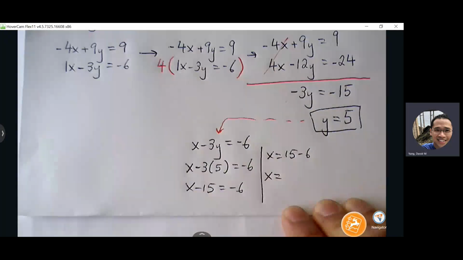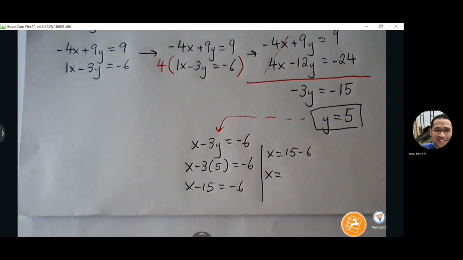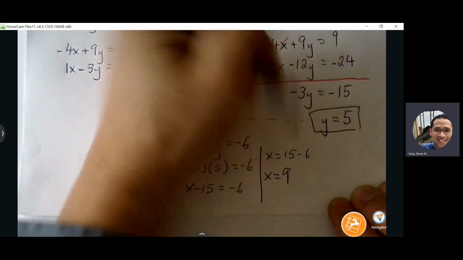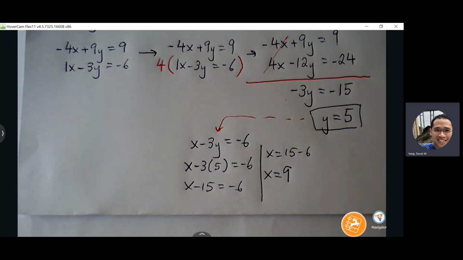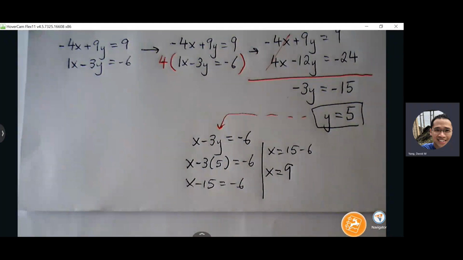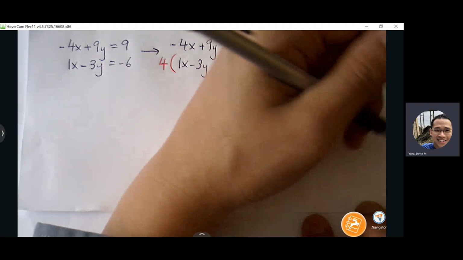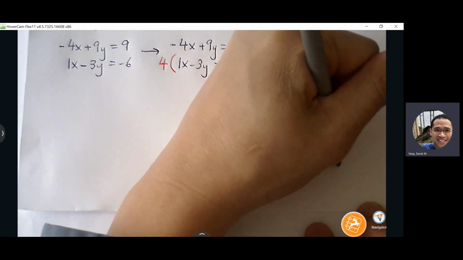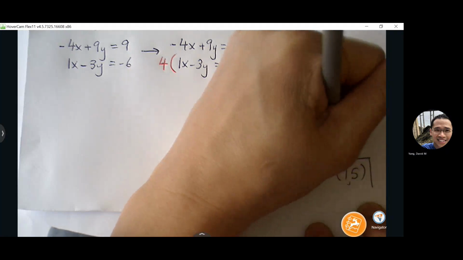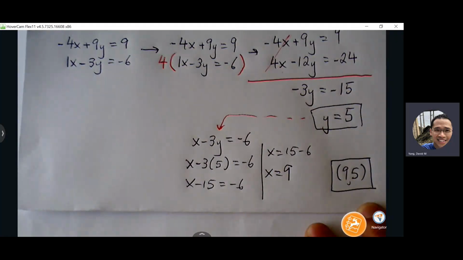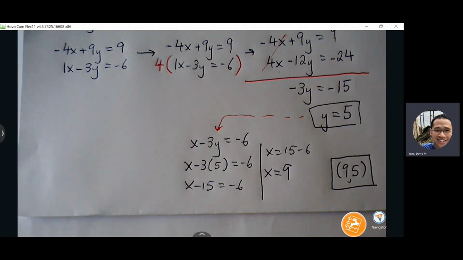X equals 9. So we have our ordered pair. This tells us if there's one solution, this is one ordered pair. This tells us that these two lines, they do intersect at one point, and the intersection is at 9, 5. So the solution is 9, 5. And that is also, if you were to physically graph these two lines, they would intersect at the ordered pair 9, 5.